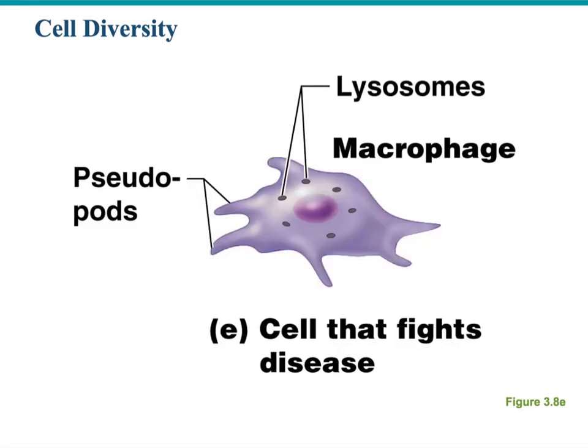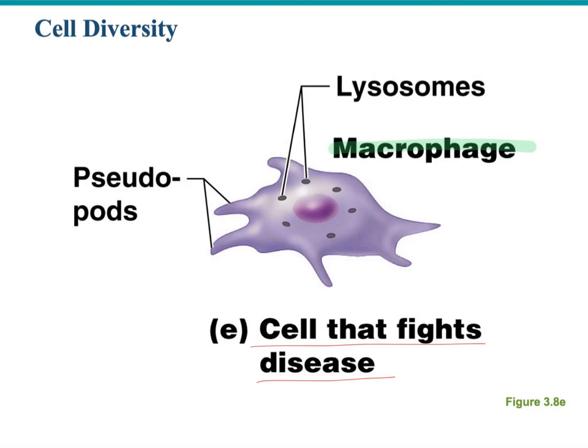Still connective tissue. Some cells in connective tissue fight disease, like this one here. This is called a macrophage. This is a type of white blood cell.